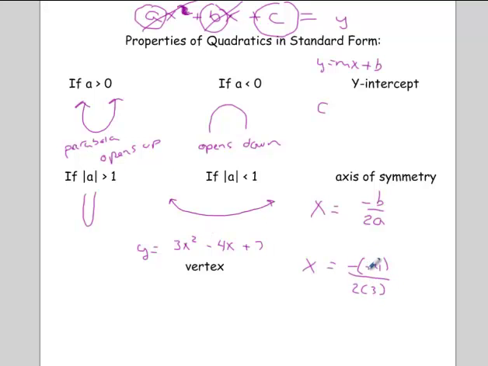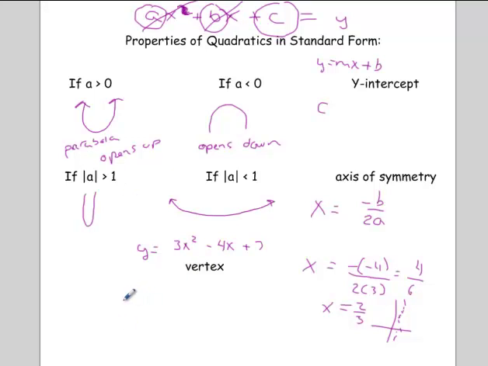So the opposite of a negative is a positive 4, over 2 times 3 is 6, or simplify, x equals 2/3. So that'd be a vertical line, and it would go over not a whole unit, but 2/3 of a unit, and be like that. Pretty bad looking graph, but that's okay, we'll get better coming up.